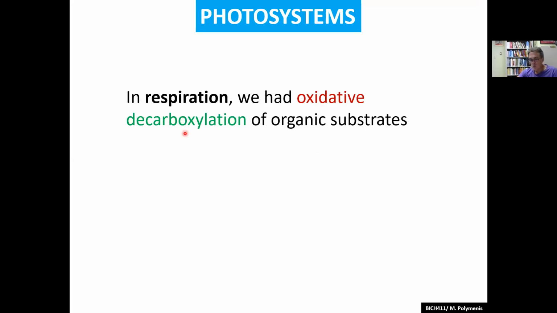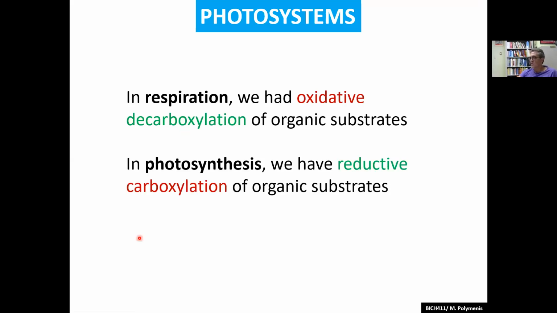So in photosynthesis, we have the opposite. We have reductive carboxylation of organic substrates. So we start with something that gets carboxylated in the form of CO2, and that something gets reduced. So the organism provides the electrons, the reducing power, to reduce those fully oxidized carbons that have been added on to other substrates.